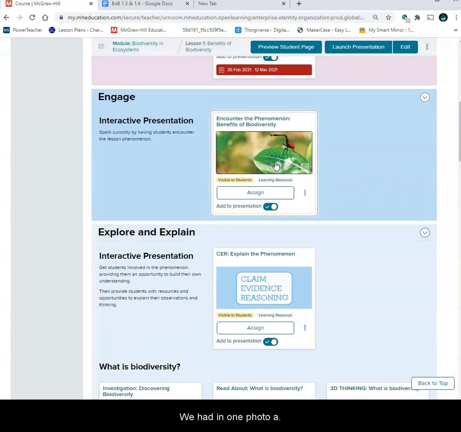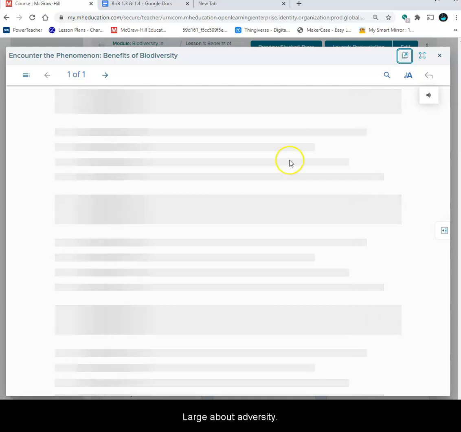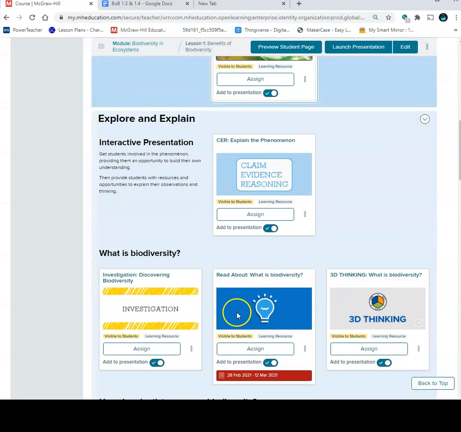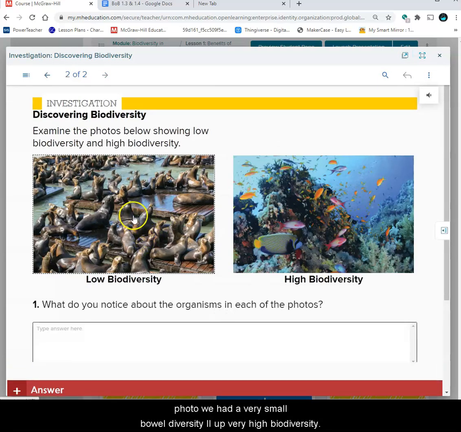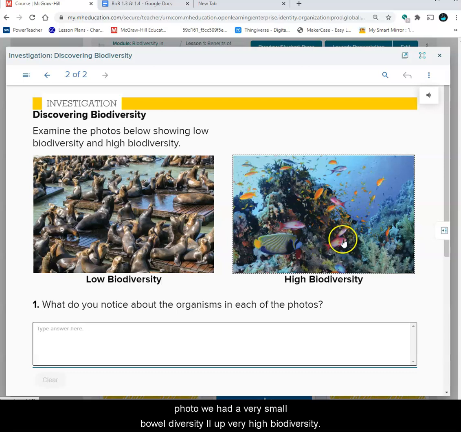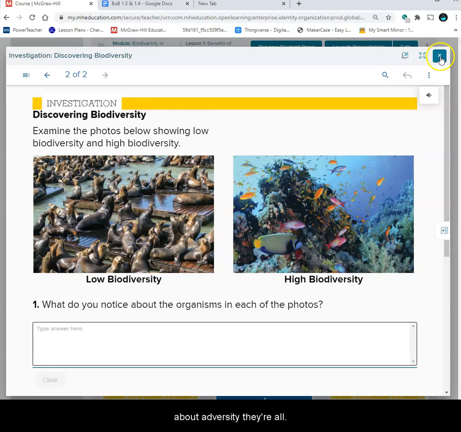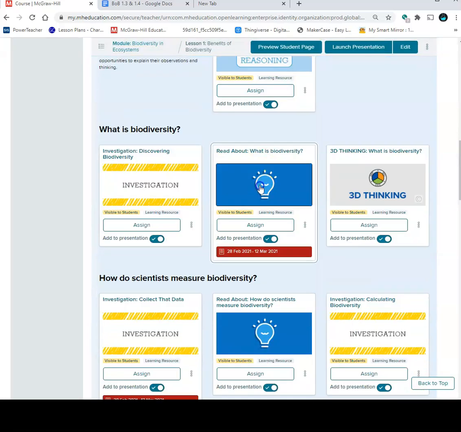In the first photo we had a very small biodiversity, and in the second we had a very high biodiversity. This one basically just had all of a single type of species, whereas this one you see many different types of fish. And actually these coral and these plants are all living, adding to the biodiversity there also.